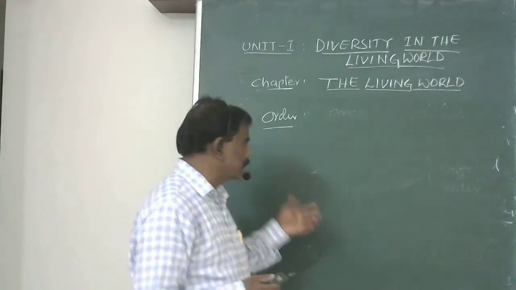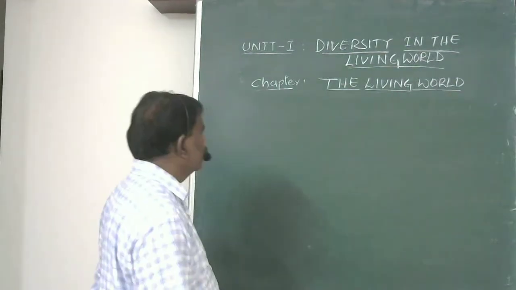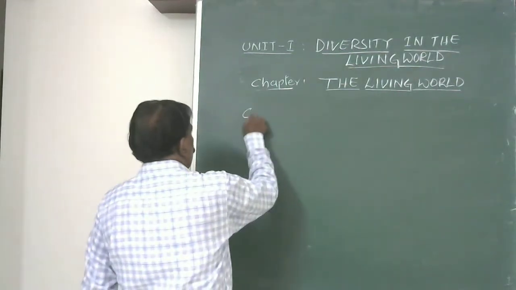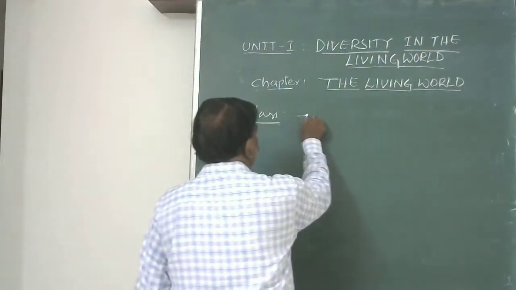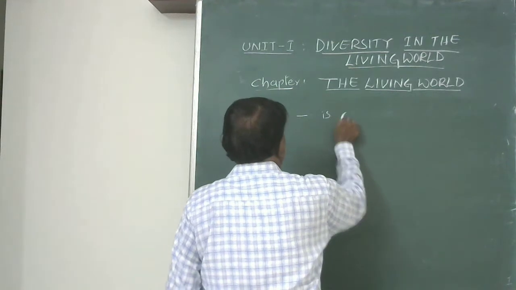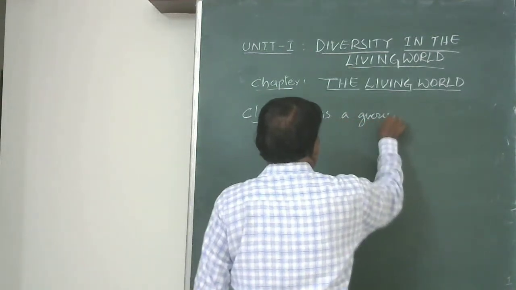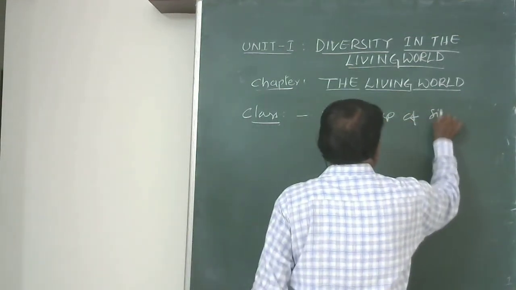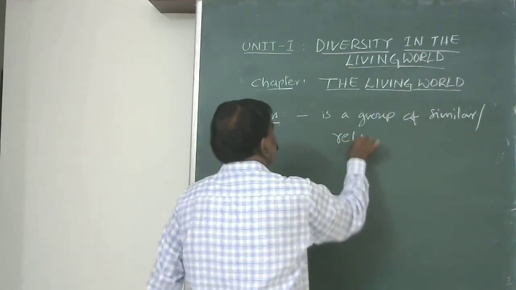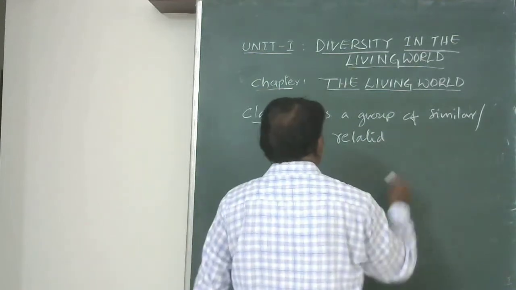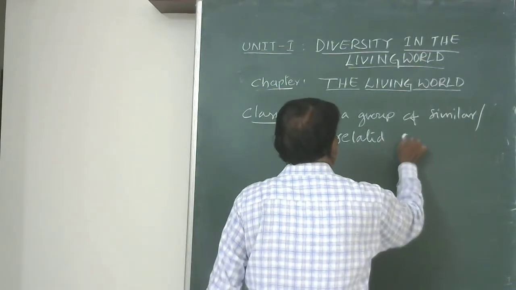Okay, let us see the next category, a class. Class is a group of similar or related orders.